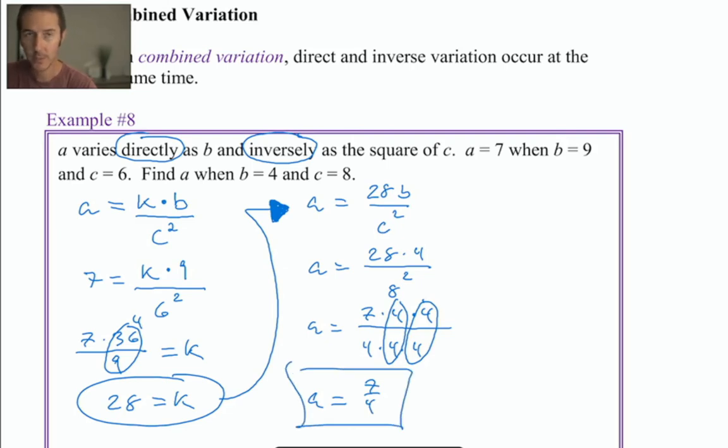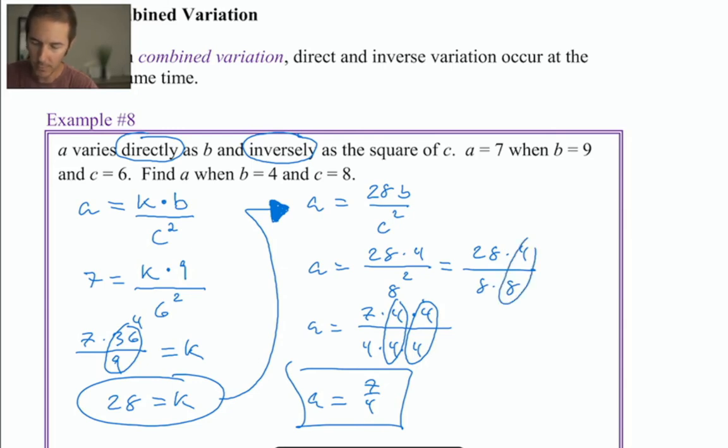If you didn't know that 64 was 4 times 4 times 4, my recommendation is always to try to reduce your fraction as much as you can before you start multiplying stuff together and making your numbers larger. So you might consider writing this as 28 times 4 over 8 times 8, and then doing a little bit of reducing here.